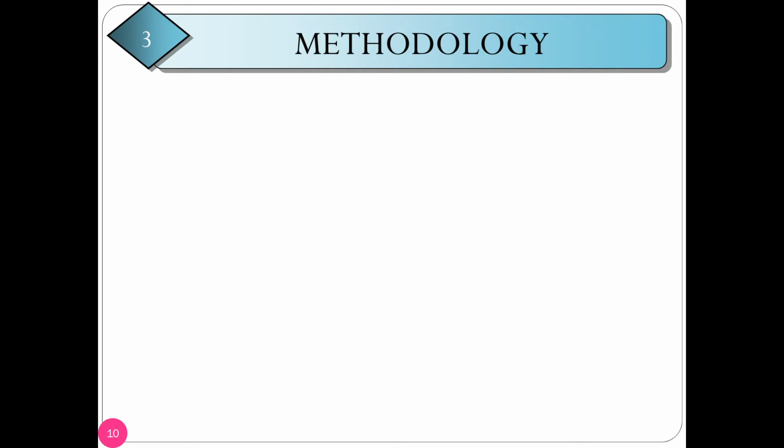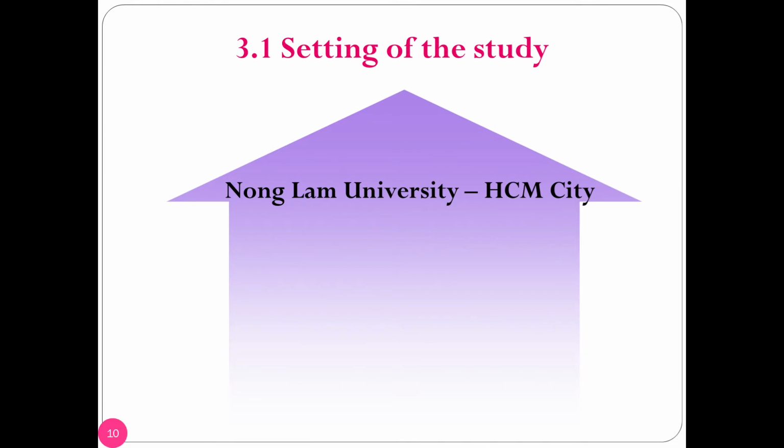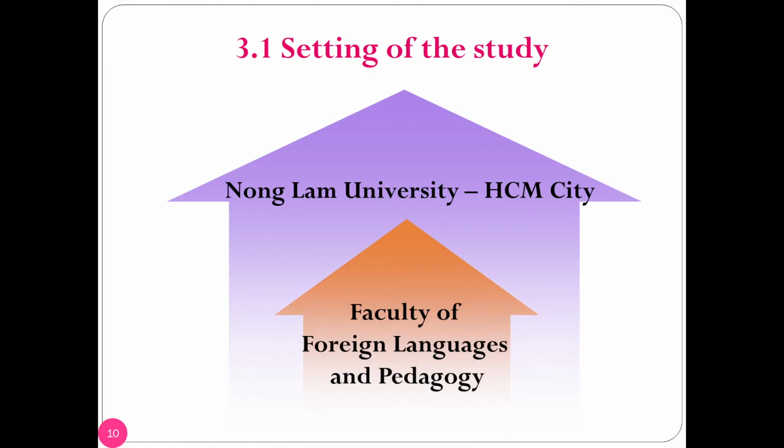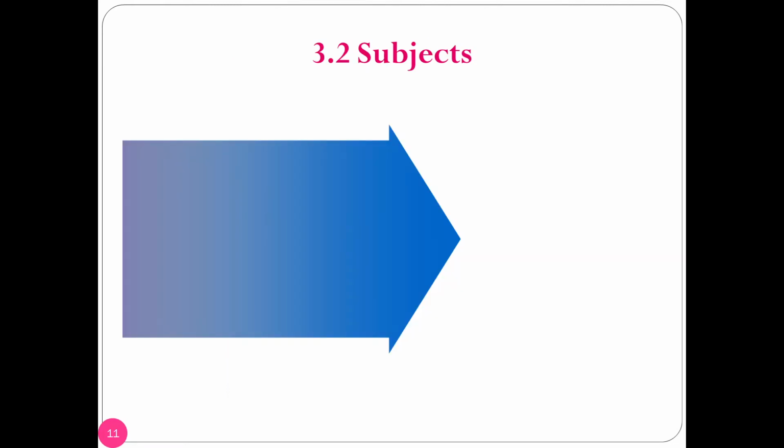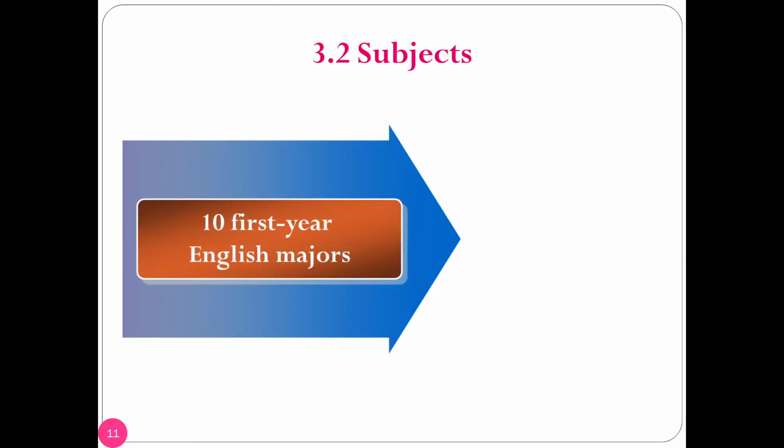Now, let's move to the third part, methodology. The setting of the study. The research was conducted at Nông Lâm University, Ho Chi Minh City, at the Faculty of Foreign Languages and Pedagogy. The subjects of this study were 10 first-year English majors.